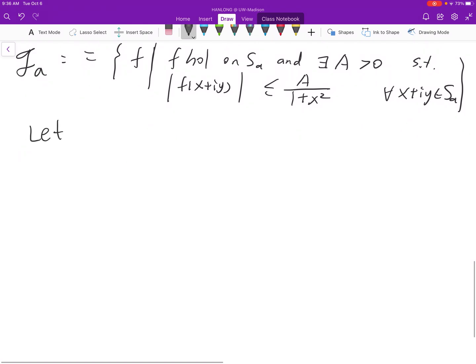And we take the union of all such functions. That means as soon as you have a strip, no matter what size it is, you put it into the family KLF.